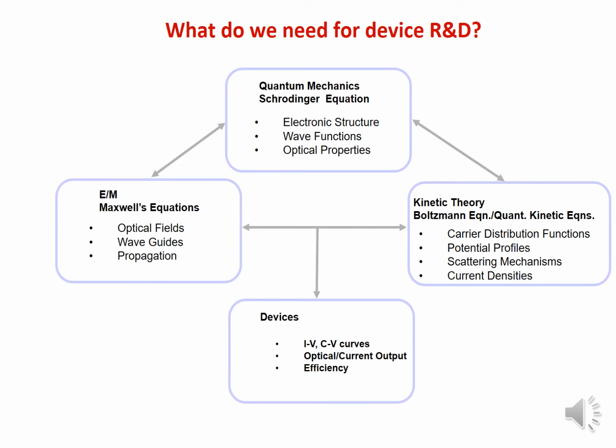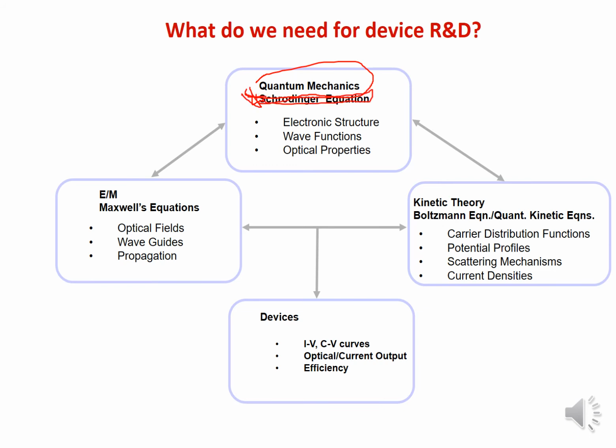So what do we need for device R&D? Previously, we surveyed some of the important concepts of this course, and those concepts will be studied in different courses like quantum mechanics. The most important thing is the Schrödinger equation.